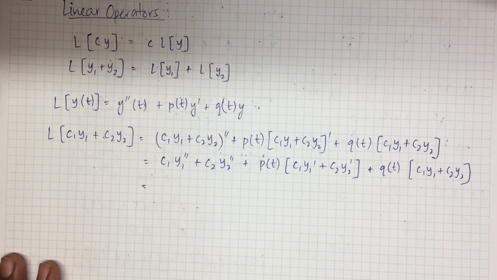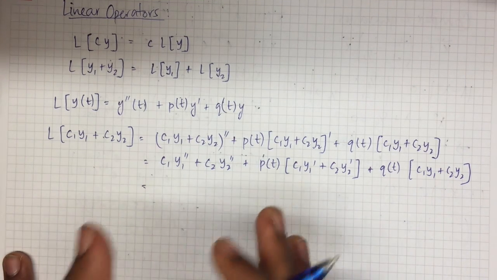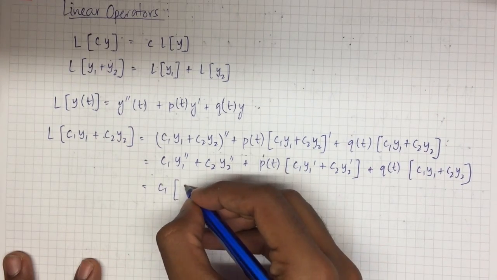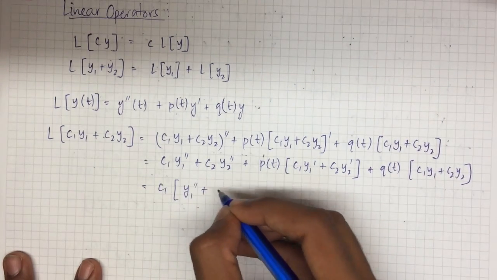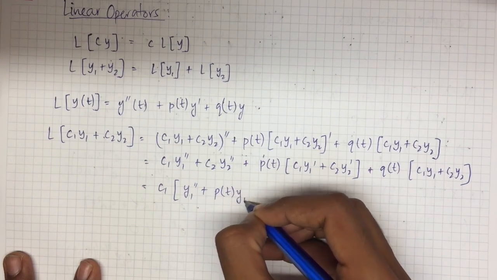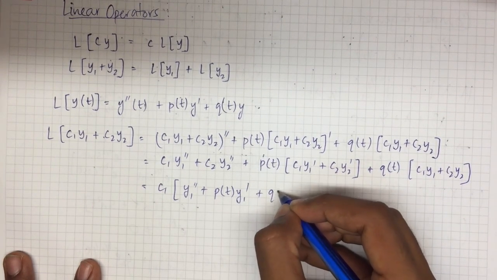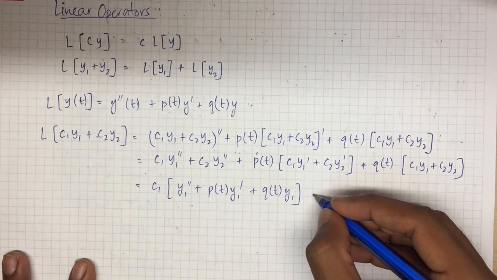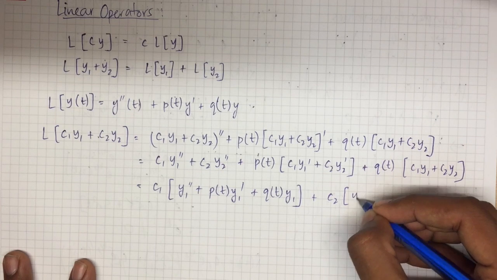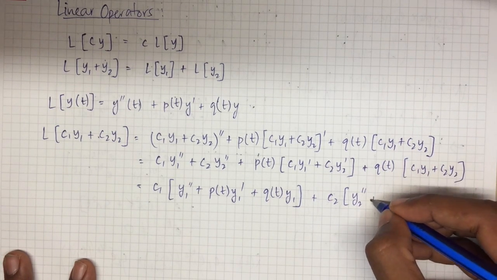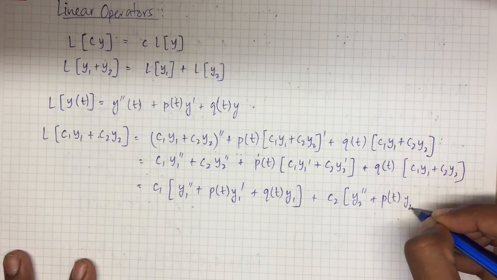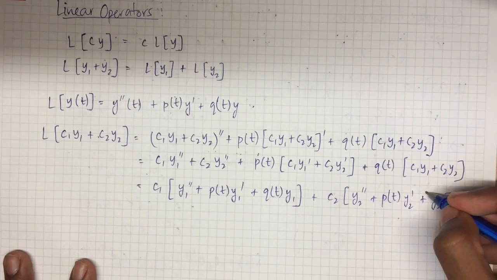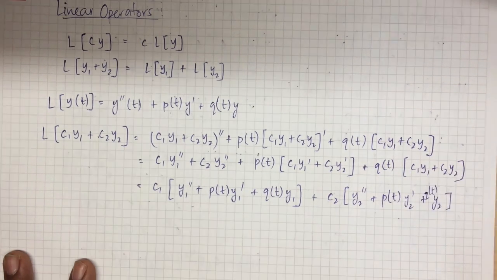Now I'm just going to rearrange the terms and collect all the c1s together and c2s together. So if I take c1 out, I'll get y1 double prime plus p of t times y1 prime plus q of t times y1, right? And then now I'm collecting all the c2. So I'll get y2 double prime plus p of t times y2 prime plus q of t times y2.